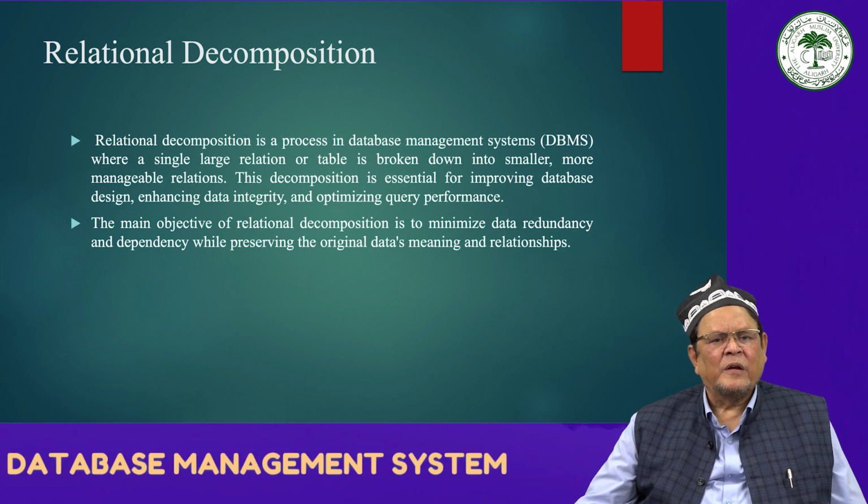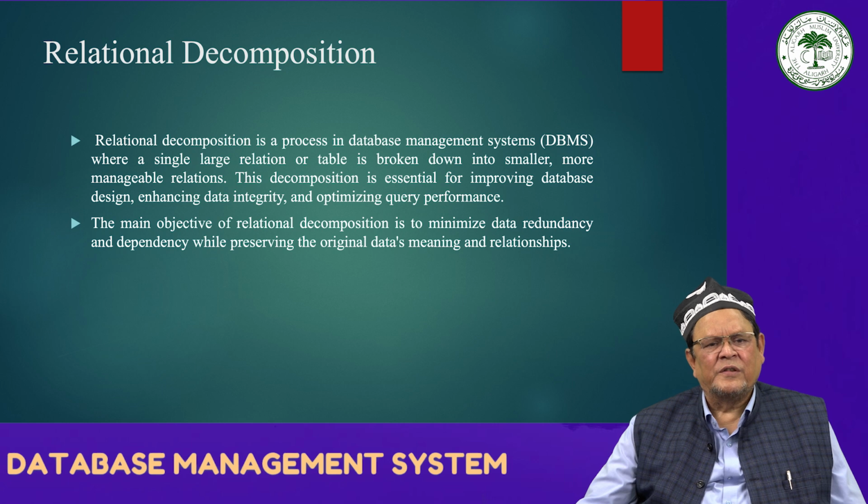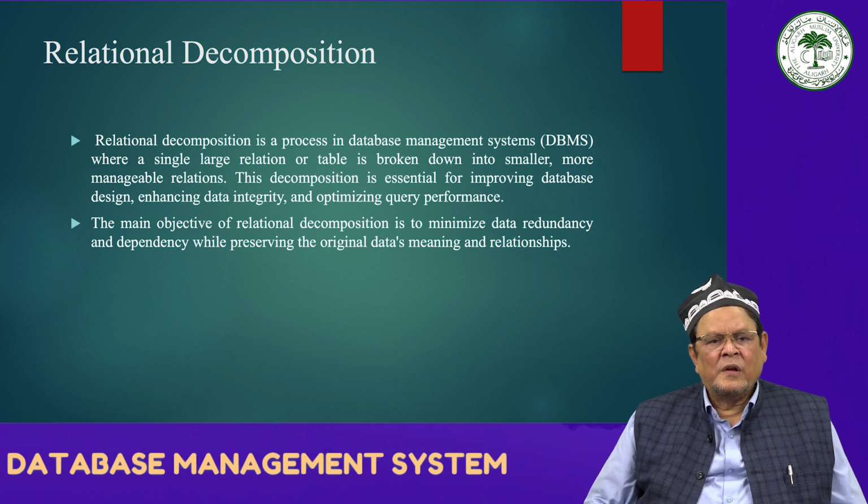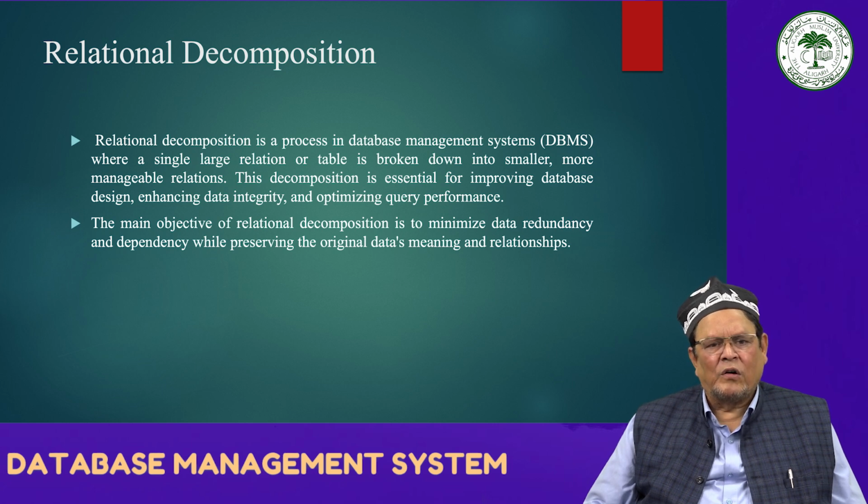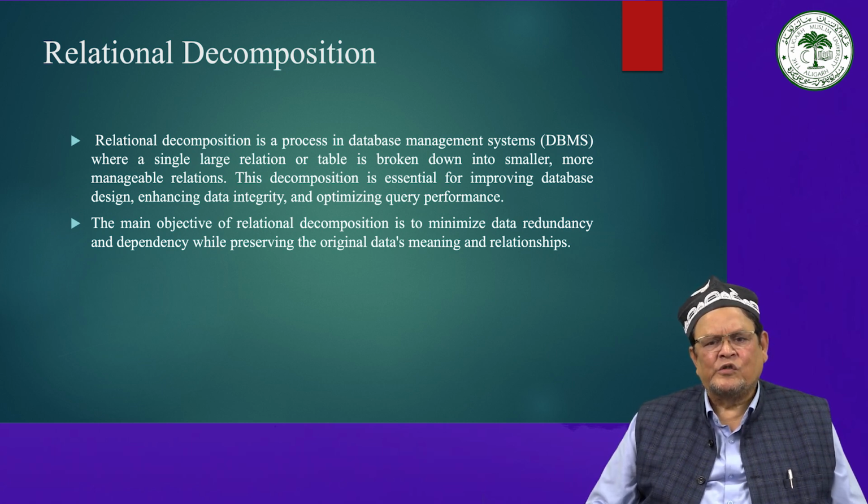The next topic is relational decomposition. Relational decomposition is a process in a database management system where a single large relation or table is broken into smaller, more manageable relations. The main objective of relational decomposition is to minimize data redundancy and dependency while preserving the original data's meaning and relationships.